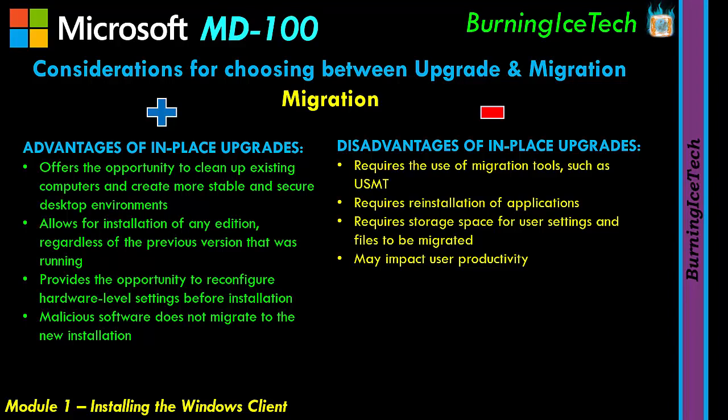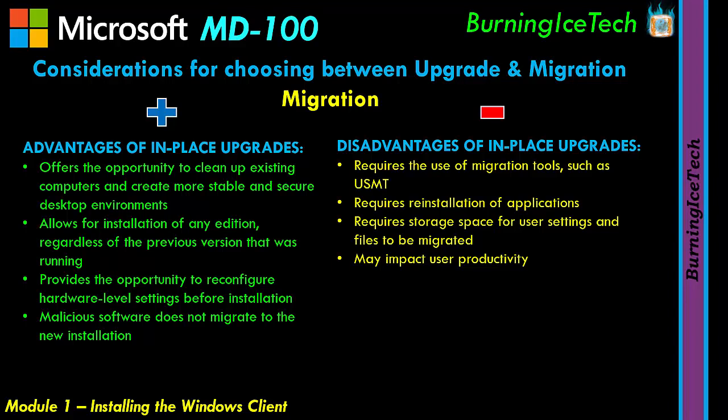Allows for installation of any edition because it's kind of a clean installation, isn't it? Remember, one of those steps was to go to the new machine and do an installation of Windows. A clean one, which means you get to choose any operating system you want. How great is that? Provides the opportunity to reconfigure the hardware level settings before installation, and malicious software does not migrate to the new installation.